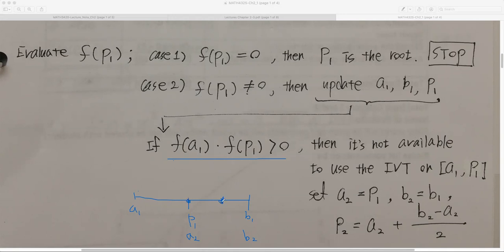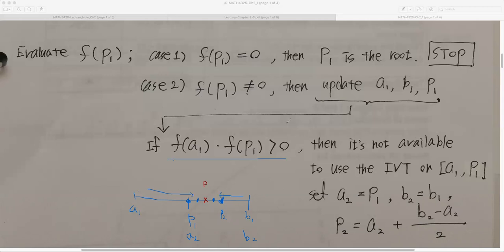Let's say the exact root p is right here. This is p2. Then maybe p3 is right here, and p4 is maybe right here, depending on the problem. So you see that the interval is getting narrower.